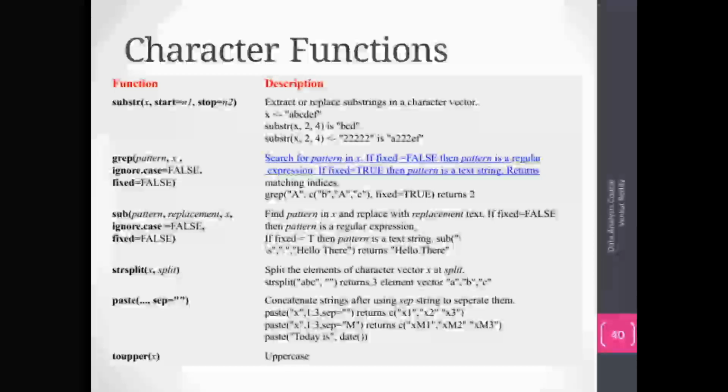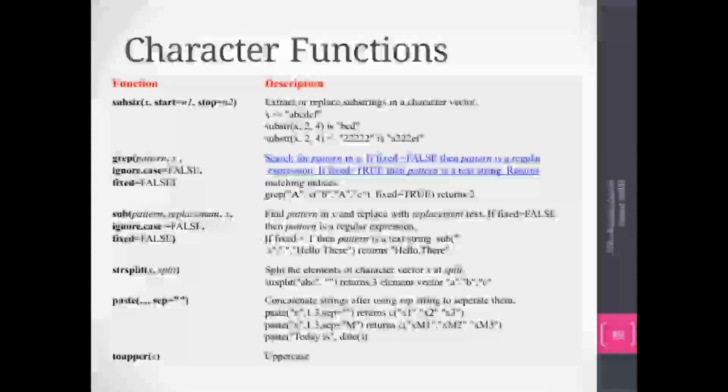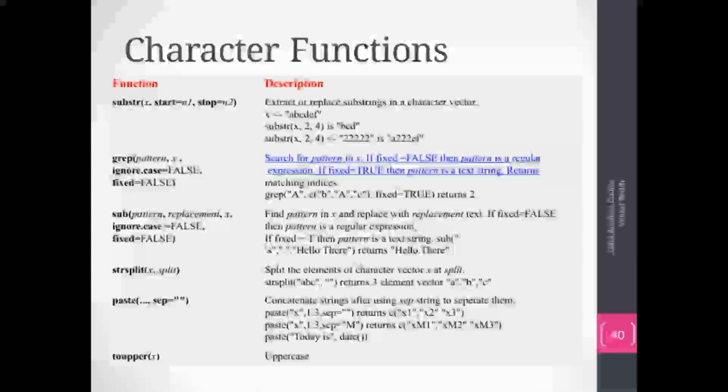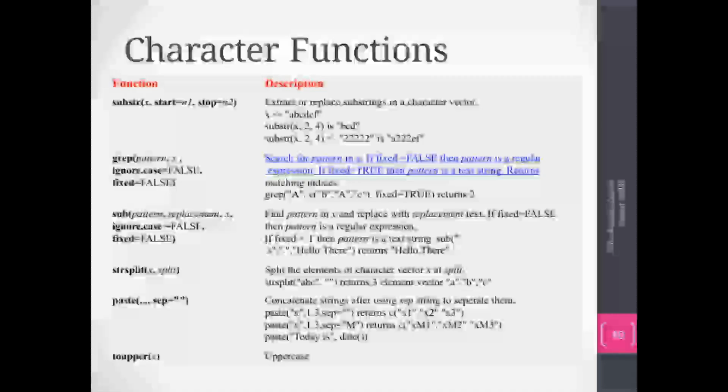Then there's the sub function, useful for finding a pattern and replacing it with specified text. If fixed equals false, it treats the pattern as a regular expression. For example, sub("\\s", ".", "hello there") replaces the first space with a dot, resulting in hello.there.